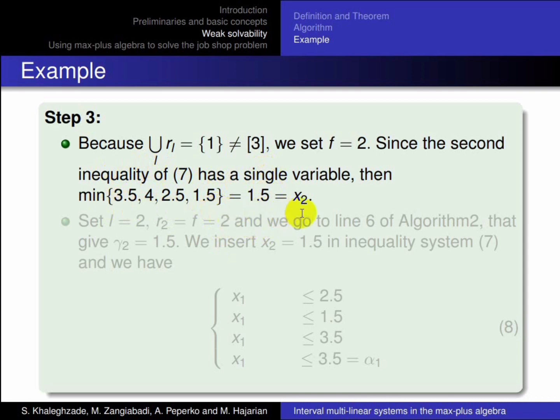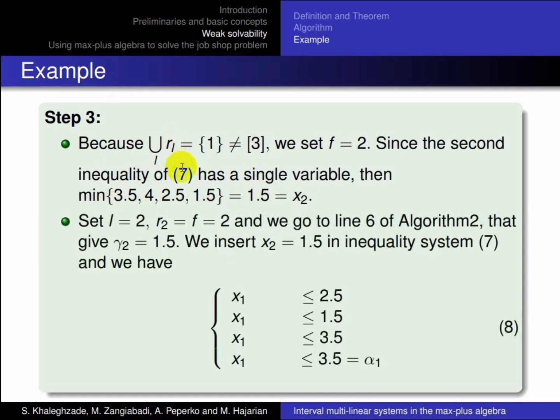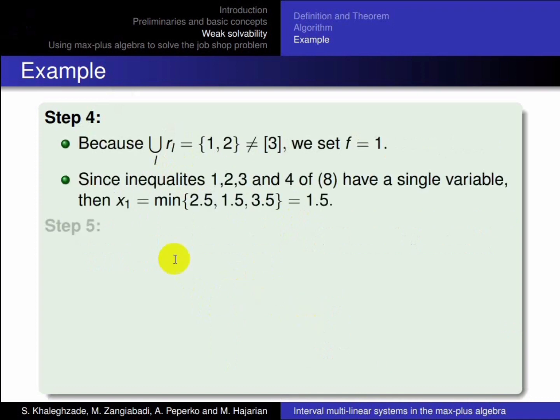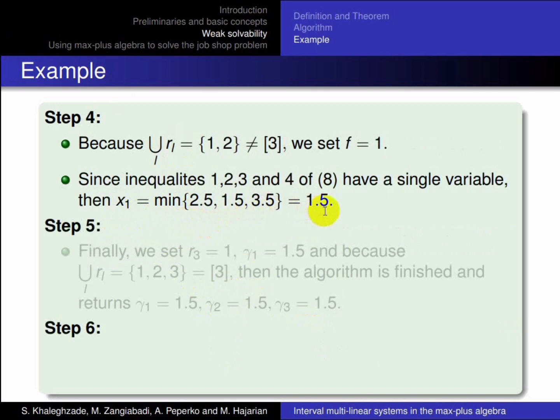the inequality where x2 is a single variable, and we insert x2 in the inequality system of 7, and we have the inequality system of 8, and we compute the inequality system where x1 is a single variable and equals these amounts.